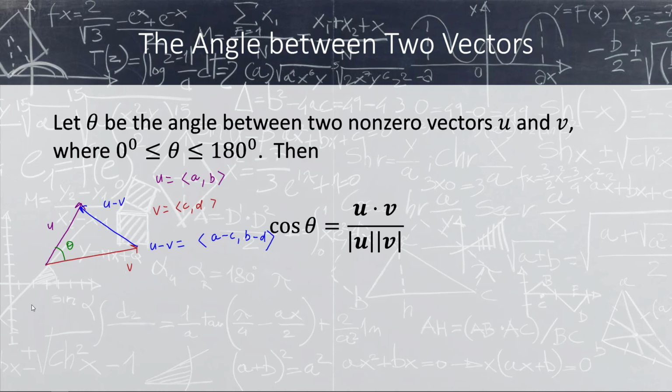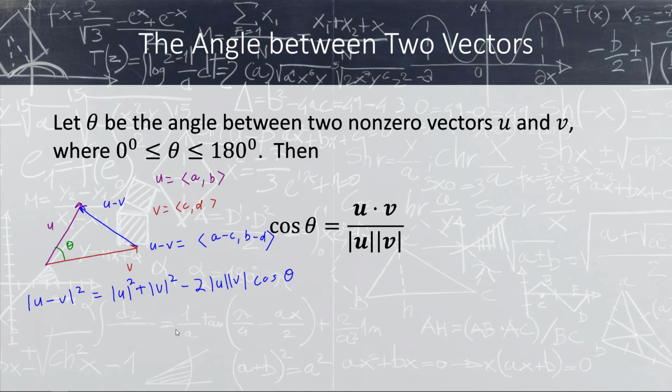So with the law of cosines, we have that the magnitude of u minus v squared is going to be equal to the magnitude of u squared plus the magnitude of v squared minus 2 times the product of the magnitudes of u and v times the cosine of the angle between them.